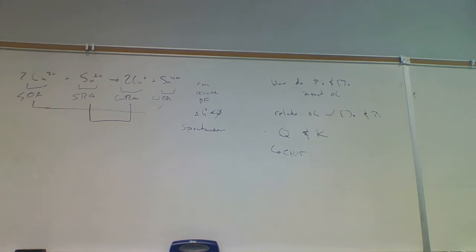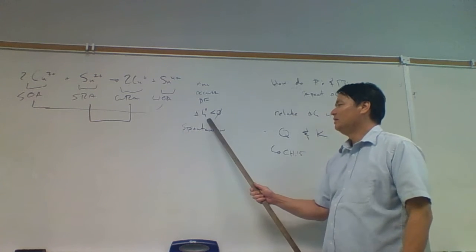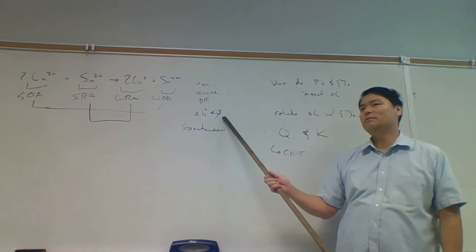And so the closer these things are together, the more even they are in strength, right? And the farther apart they are, the greater the difference in the strength is. And so when I think about this, yes, it's spontaneous, but how big is that driving force? Based on the position in this chart, I'd say that driving force is not so big. And I'd guess my delta G value is... what do you guess your delta G value might be in this case?